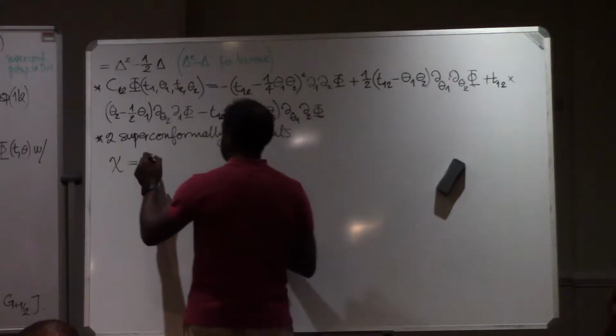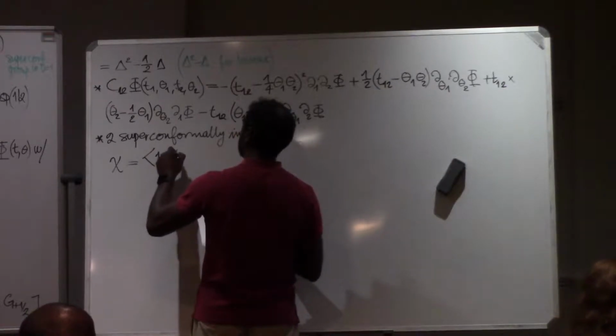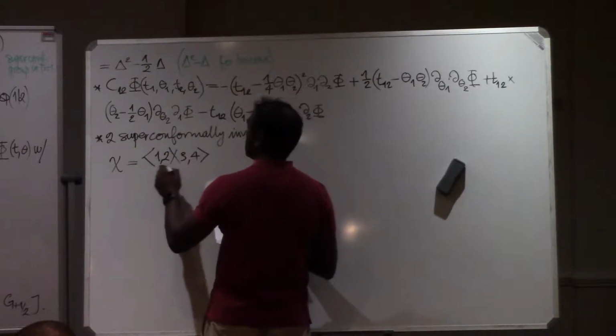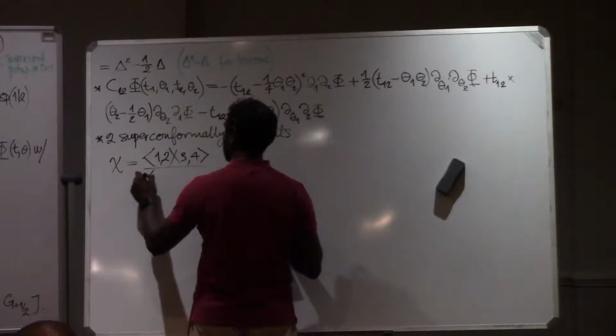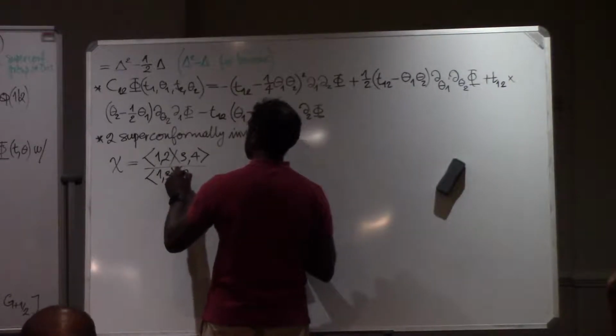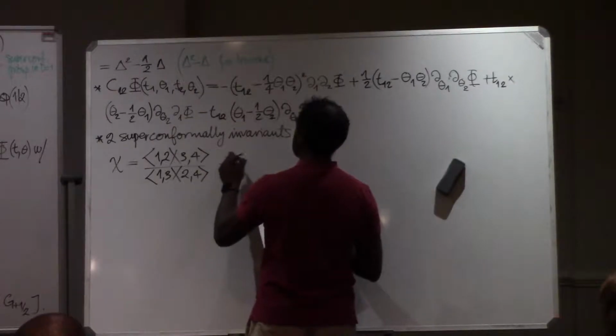So chi is (1,2)(3,4) divided by (1,3)(2,4) minus zeta.